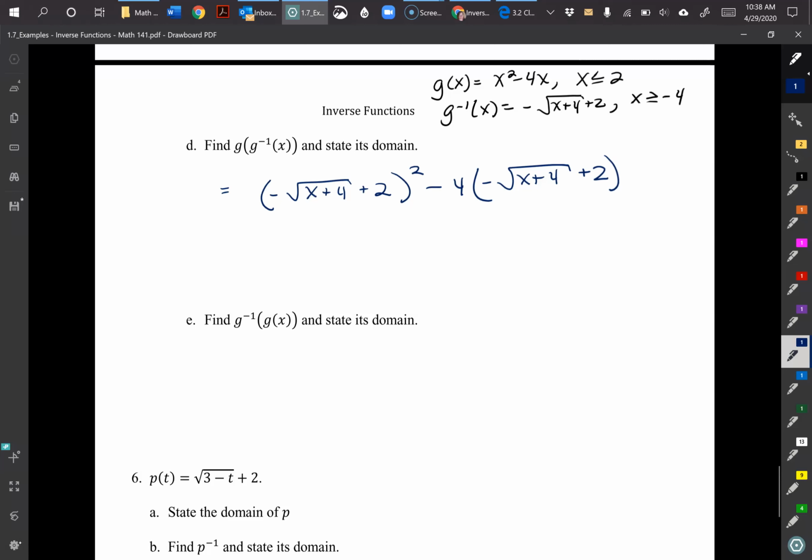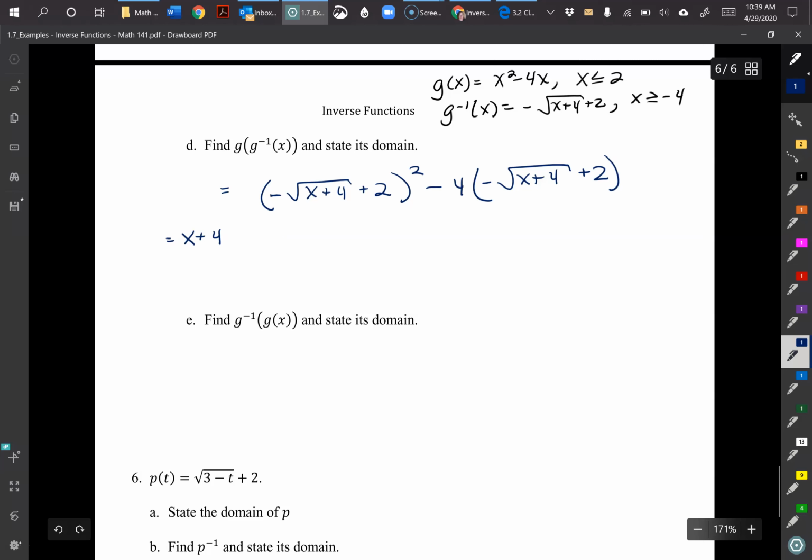Okay, and now we are going to expand this out. It gets a little bit messy there. It's a perfect square trinomial, so we know the product of these will double. We have the square of the first one, which would just be negative square root of x plus 4 times negative square root of x plus 4, giving us x plus 4.